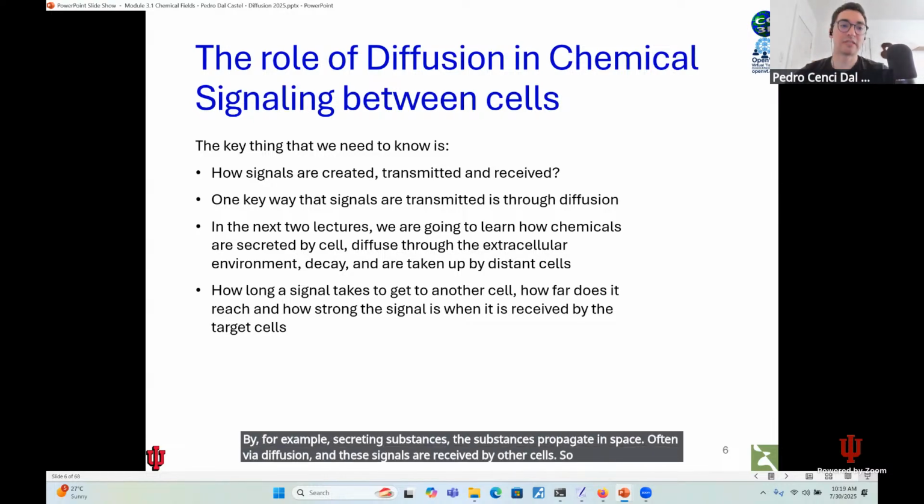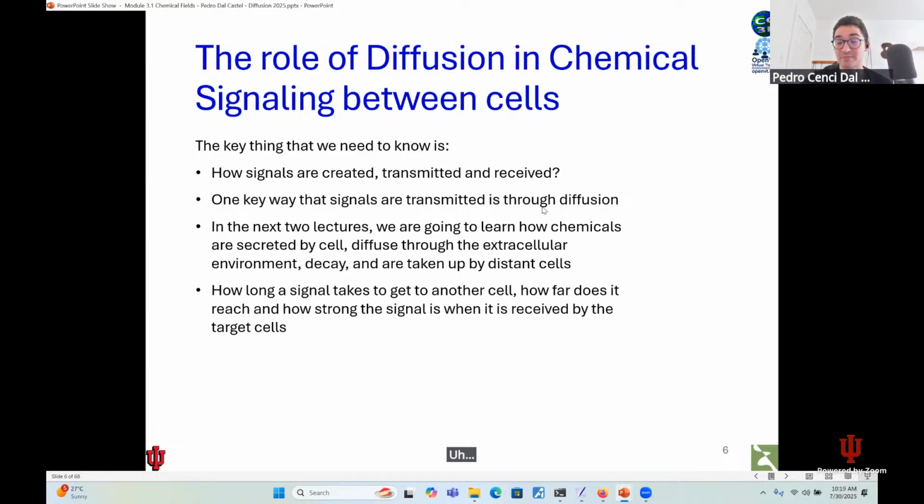So the critical things we're going to learn here is how the signals are created, transmitted, and received, how they are transmitted by diffusion, how fast the signals propagate, how intense they are at the receiving cell, how far they travel into the region.